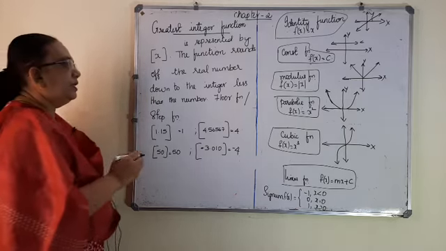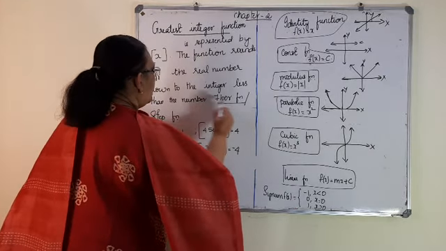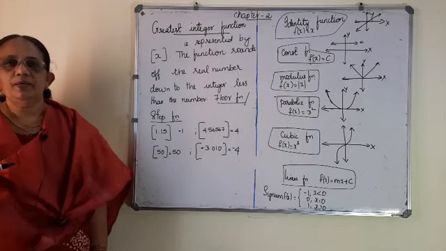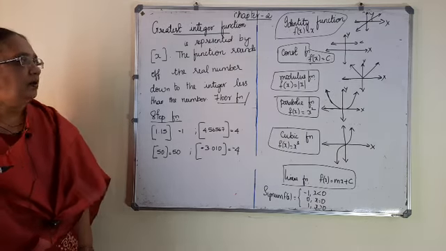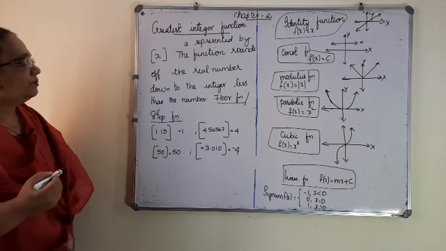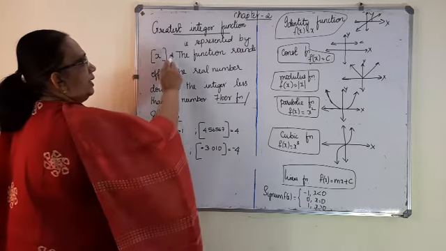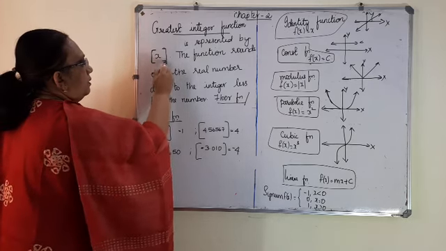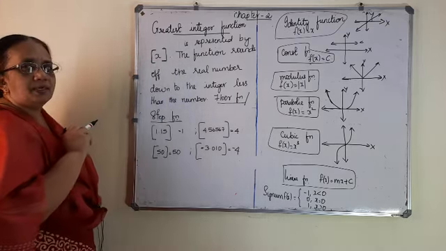The greatest integer function is also called a floor function or a step function. It is represented in this form.